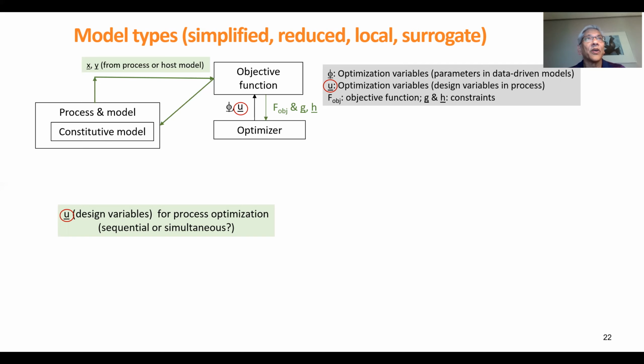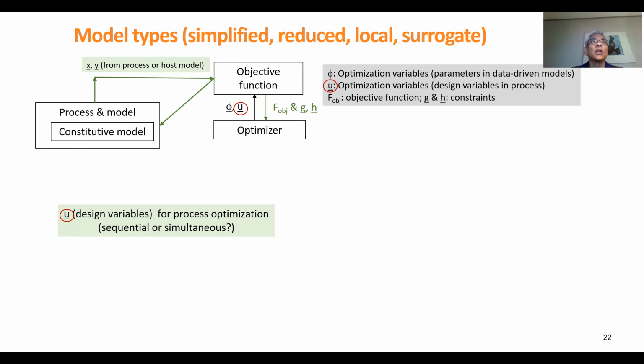It can be obtained from online data of the process or from a rigorous model that represents the process. So that's one way of solving it. And we will iterate until we have the objective function, G and H are the constraint equations, until all of these are satisfied.